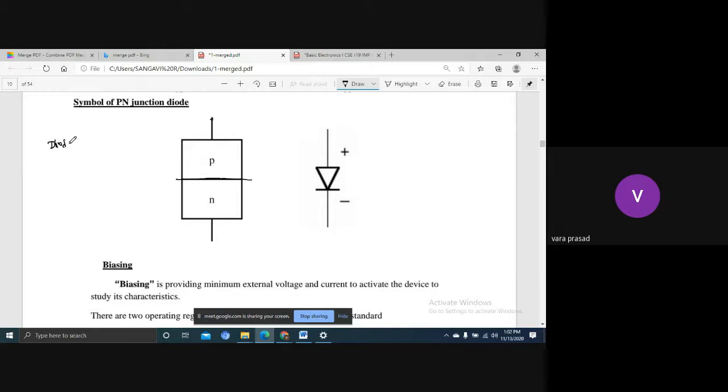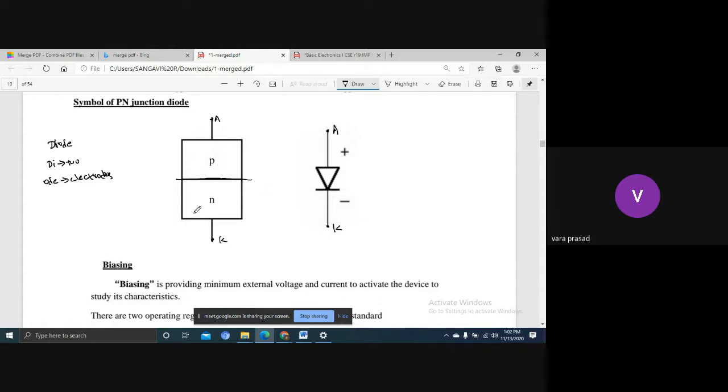Di means two, ode means electrodes. Two electrodes are there. This is the anode from the p-type material, and the n-type material is the cathode.